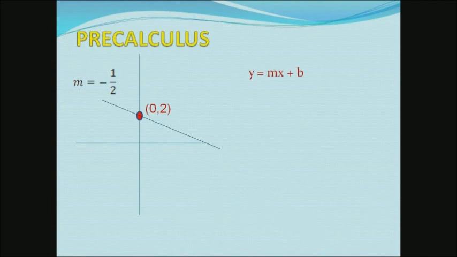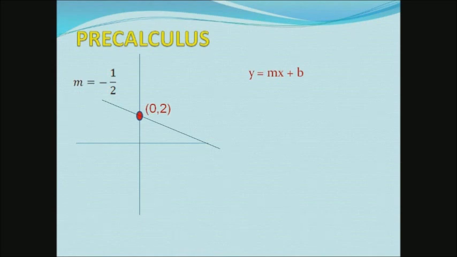So we have again a declining line. So the value of our slope is equal to negative 1/2. And the point of intersection of our line with the y-axis is (0, 2). The coordinates of the intersection between the straight line and the y-axis is (0, 2). So that means our y-intercept is equal to 2.